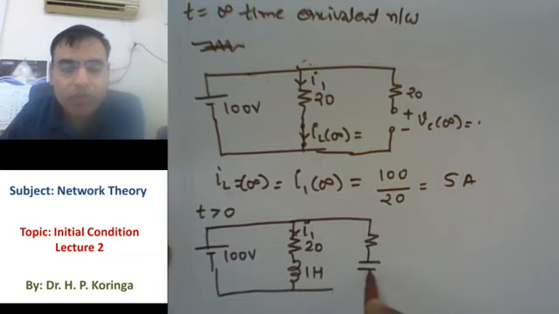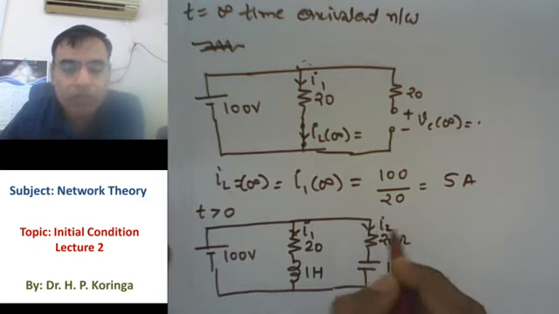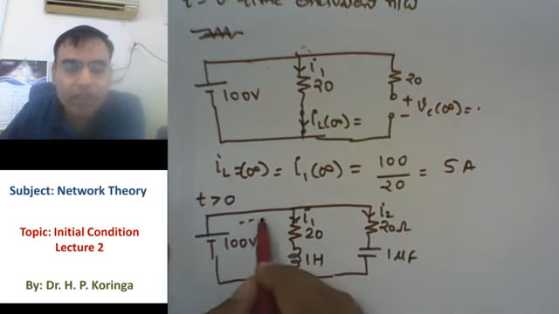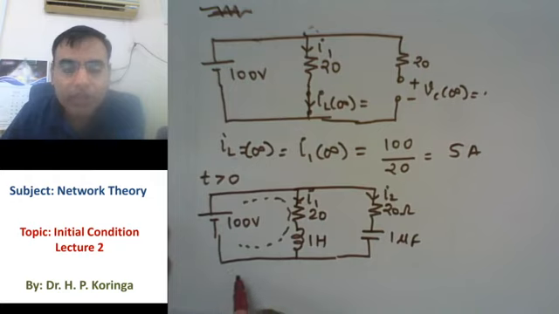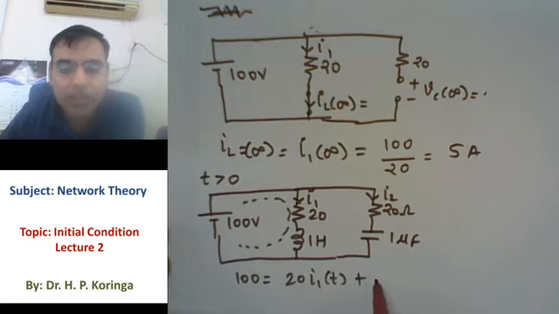We do not bother about I2. Here we have the I2. So let me apply KVL in this loop. If you apply KVL, then 100 is equal to 20 I1 of t, this is our equation 1, plus L di1 by dt, so L is equal to 1, di1 of dt.